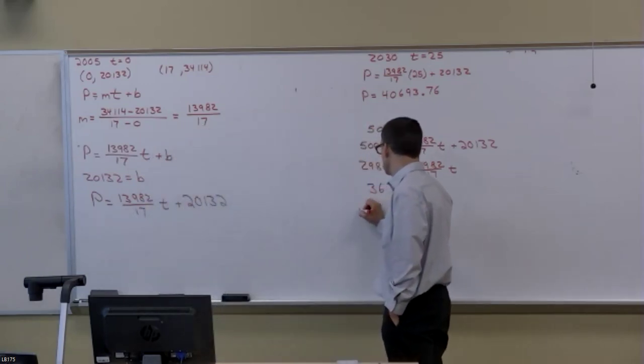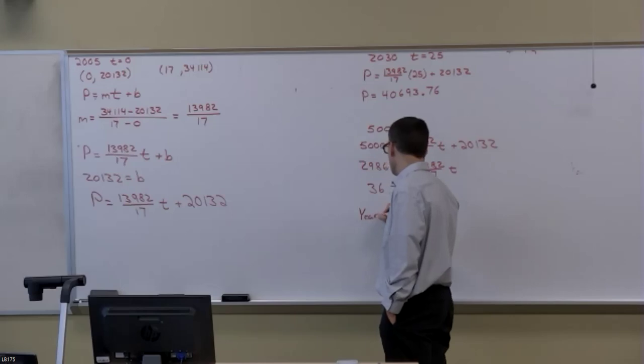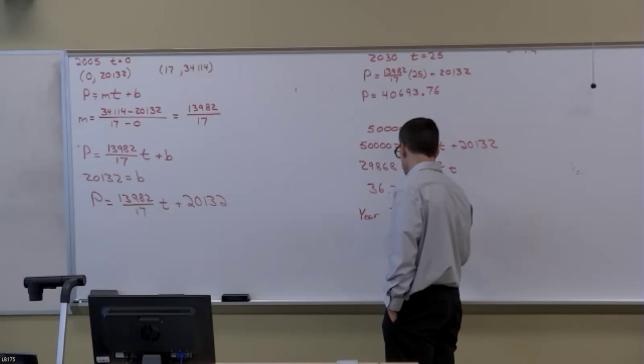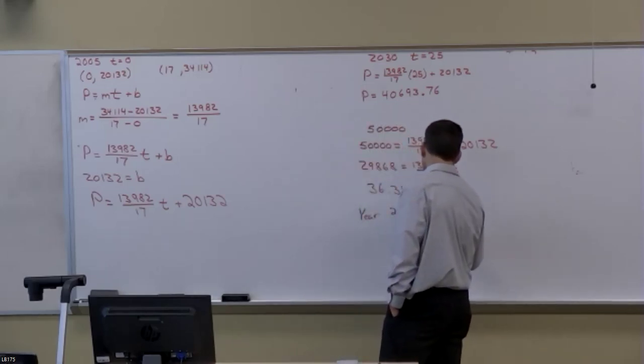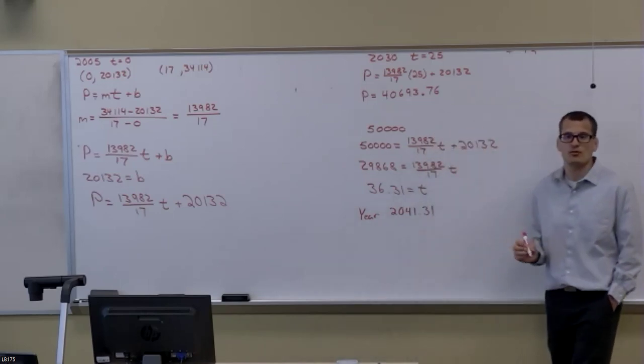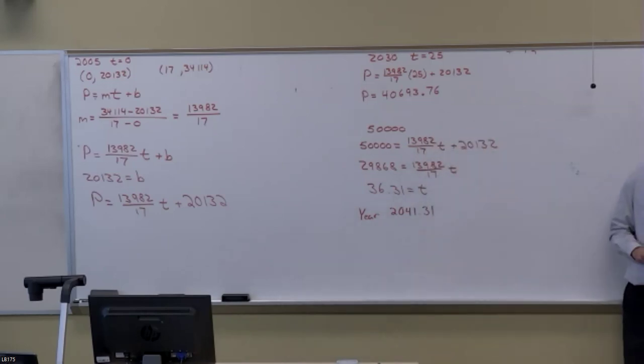So when we're talking about the year, that would be 2041.31. So sometime in the year 2041, essentially. After the beginning of a year, but before the end of the year in 2041. Sometime in the middle of 2041, the population should hit 50,000.